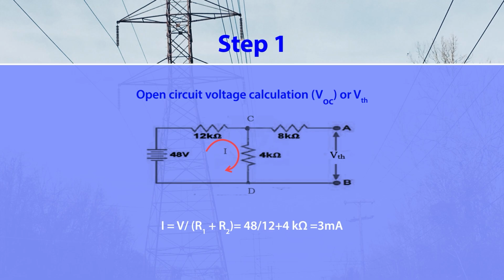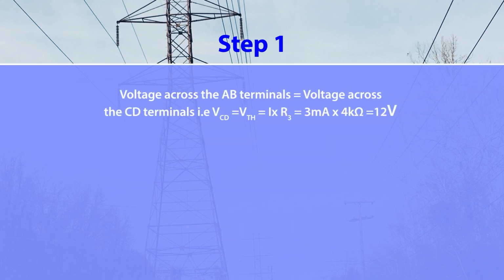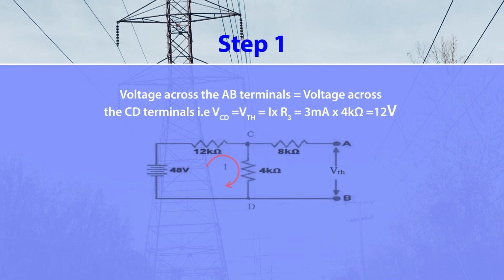Now that you have the current, you can easily find the Thevenin voltage V_AB, or V_TH, because whatever voltage you get across terminals C and D is the Thevenin voltage. So the voltage across terminal AB is equal to the voltage across CD, that is V_CD equal to V_TH.